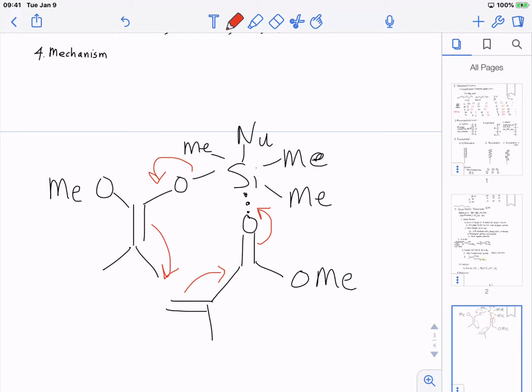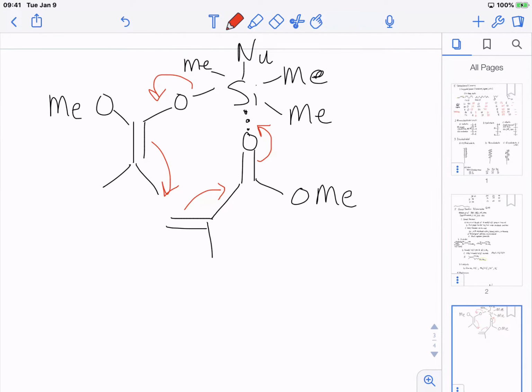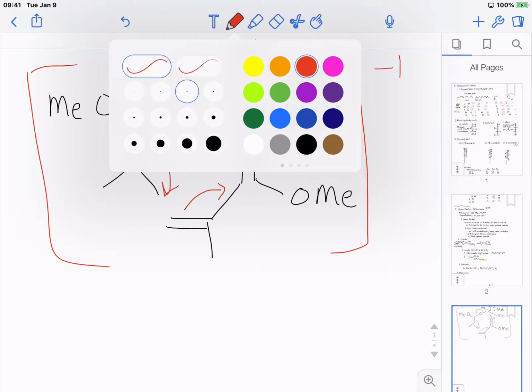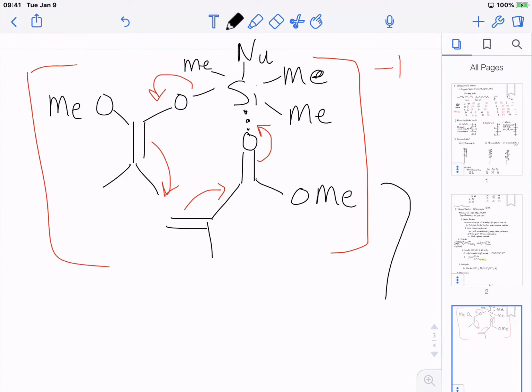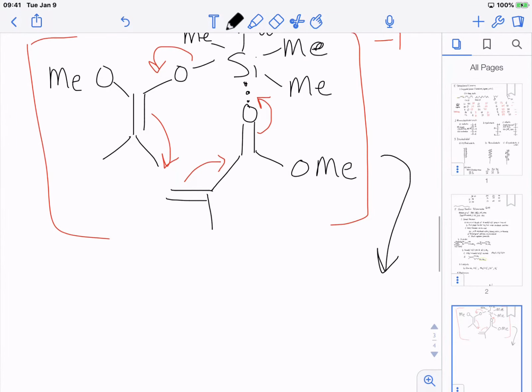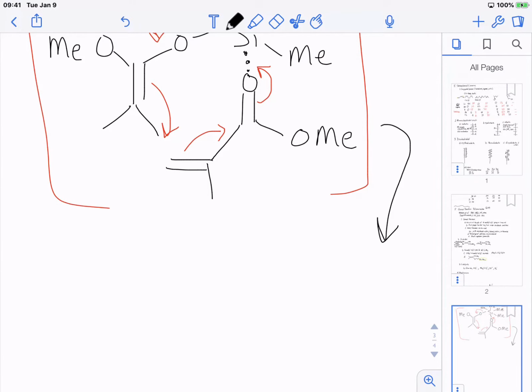And so what you're left with, I drew this really big. Oh, and this whole thing is a -1 charge. So the next step here is to form the species.